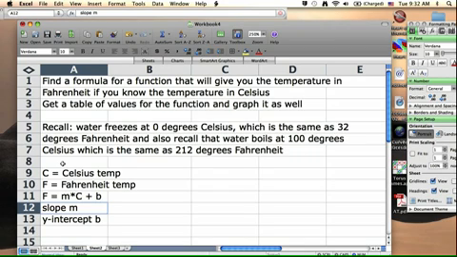Hopefully you recall from back about 4 videos or so ago that the slope of a line is rise over run, which is also the change in y over the change in x. Delta y over delta x was the symbolism and the way you said it.